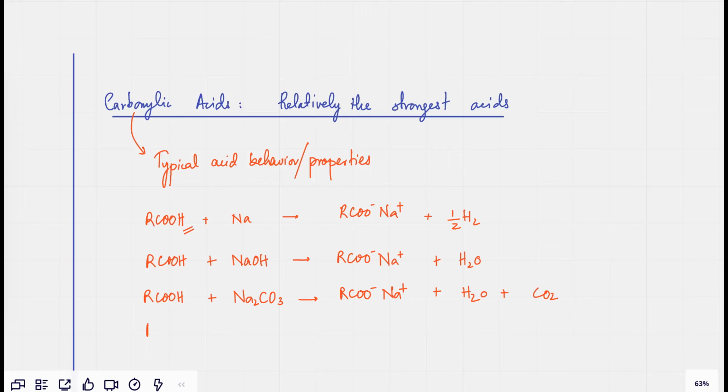And at the same time, they would also react with ammonia as well. When acids react with ammonia, same thing happens every time. It's the H that gets replaced. This time, it's going to form an ammonium salt. So all reactions, metal, bases, and carbonates, all of these reactions would take place. And it's going to behave as a complete acid.